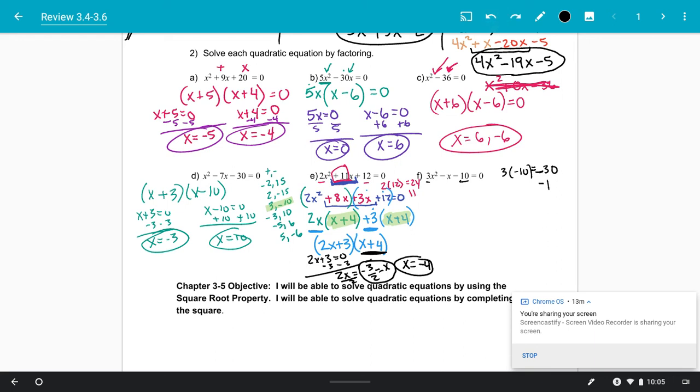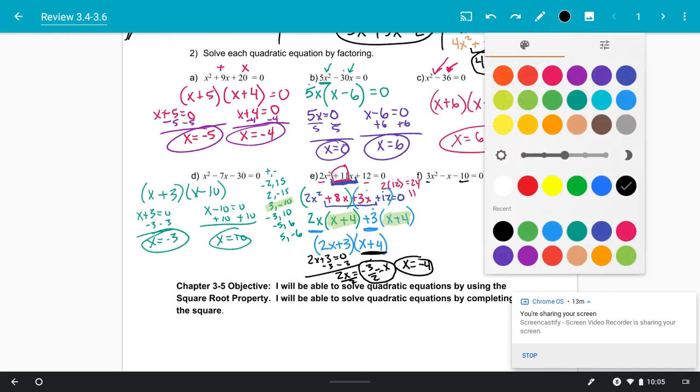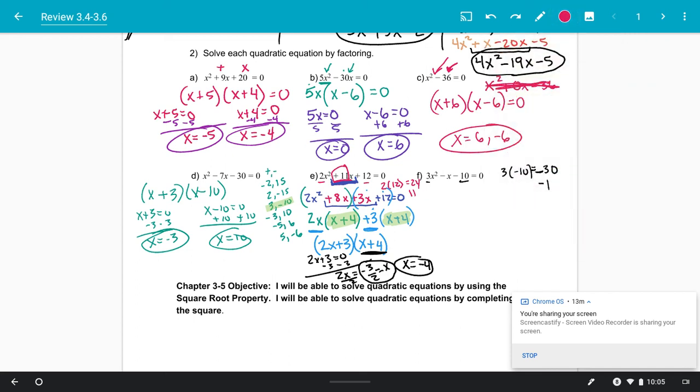So what we're looking for is 2 numbers that multiply to a negative 30, which means they're opposite signs, and they equal negative 1. That means there's not much of a difference. They're pretty close to each other, because when you do the positive and the negative together, there's only a difference of 1. Well, that would be 5 and 6 then. And since it equals a negative, it's going to be 5 and negative 6.